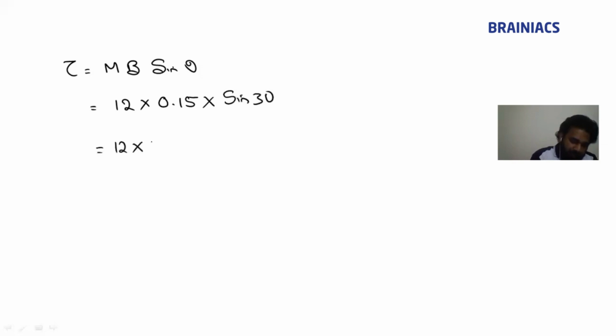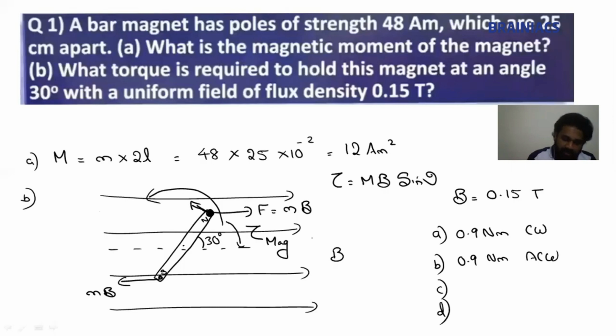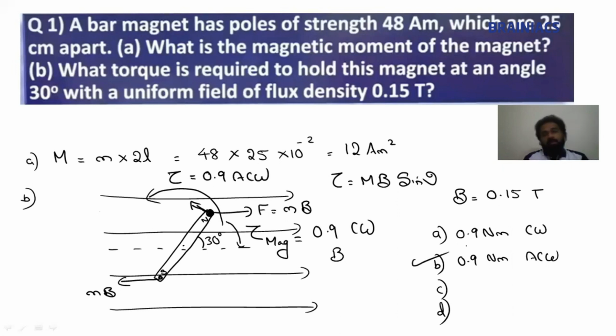So 12 into 0.15 into 1 by 2, we will get 0.9, and this direction is going to be clockwise. So in order to maintain this at 30-degree, we will have to apply external torque. That torque should be 0.9 itself, but in the anti-clockwise direction. So the option 0.9 Newton meter in the anti-clockwise direction will be the answer.